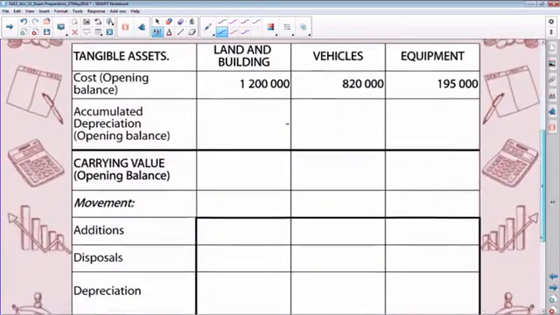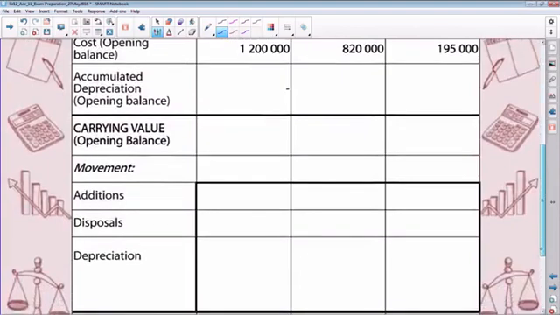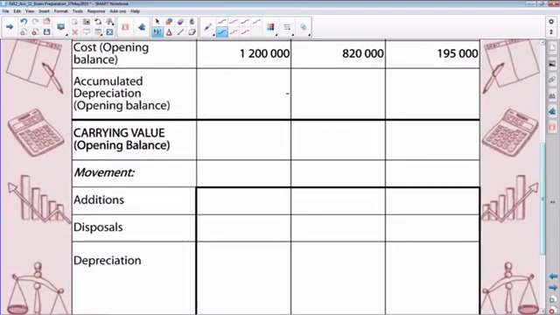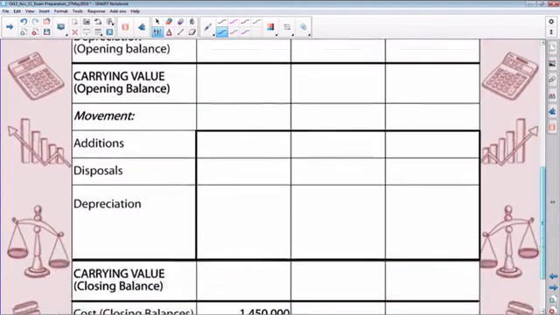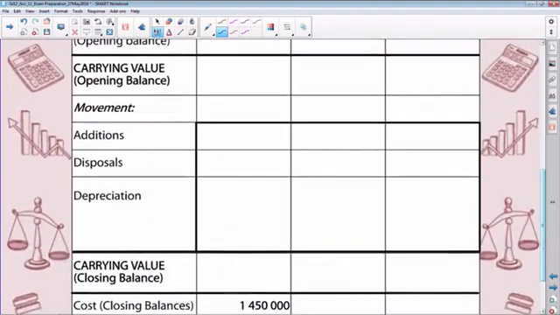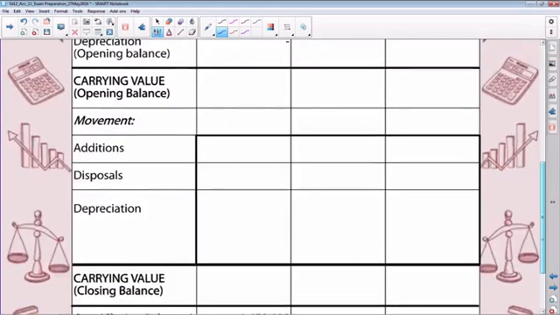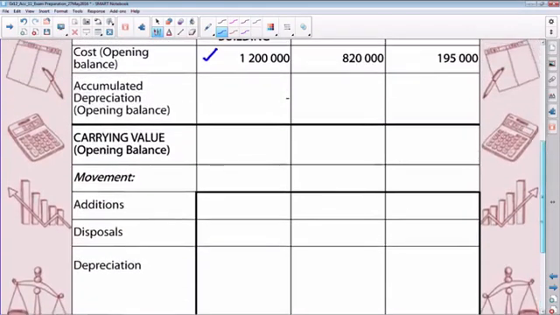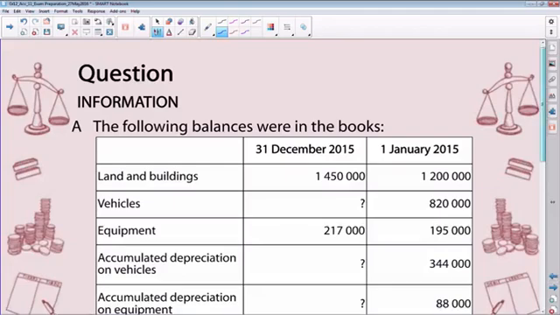Clearly I can see that my land and buildings at the beginning of the year was 1,200,000. That's a given figure. I am told that my land and buildings at the end of the year is 1,450,000. So clearly, if that is the case, there must have been an addition of 250,000 rand. Why? If I add the 1,200,000 plus the 250,000, which was the addition, and yes, you'll see that the information told you that.